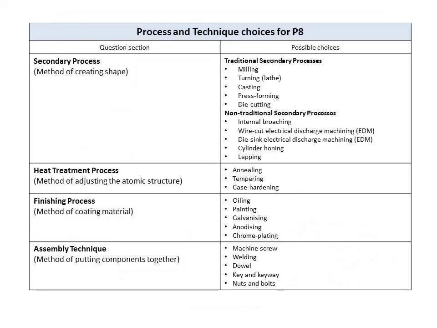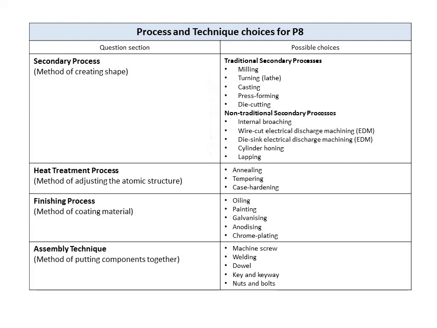Right, so I mentioned I'm going to give you a list of possible choices that you can choose from when thinking about the secondary process, heat treatment, finish and assembly techniques. You can see here is your chooser table, and I've split it up into 4 rows, which you can see. First of all, secondary processes. You can choose from any of the ones from the non-traditional or traditional list here. You obviously won't be using all of them.